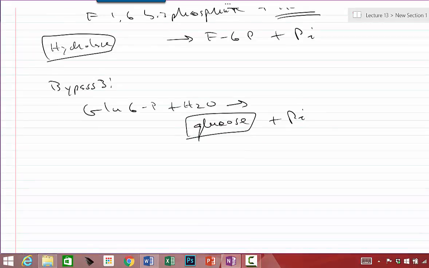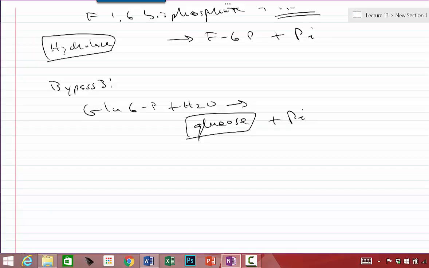The liver, as I said before, is responsible for a lot of gluconeogenesis because during times of starvation in the body, the liver is responsible for generating glucose in order to deliver that to other organs in the body.